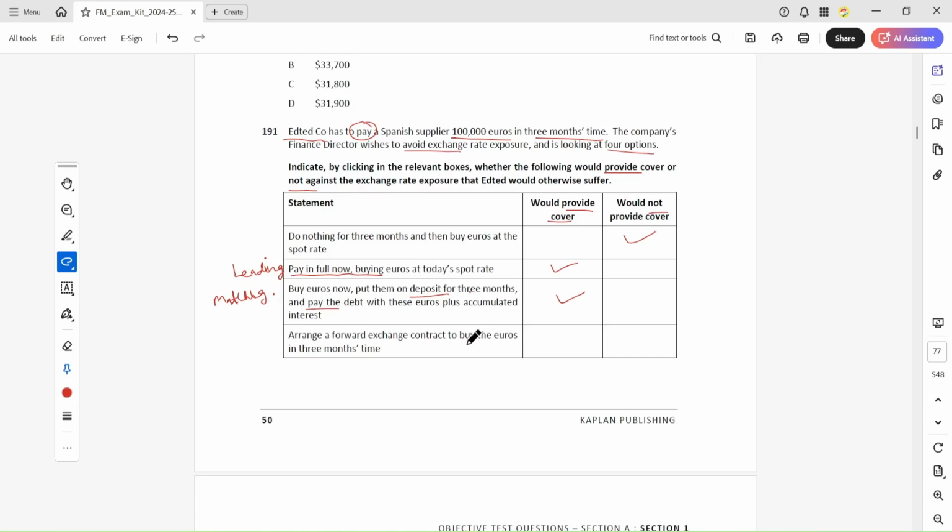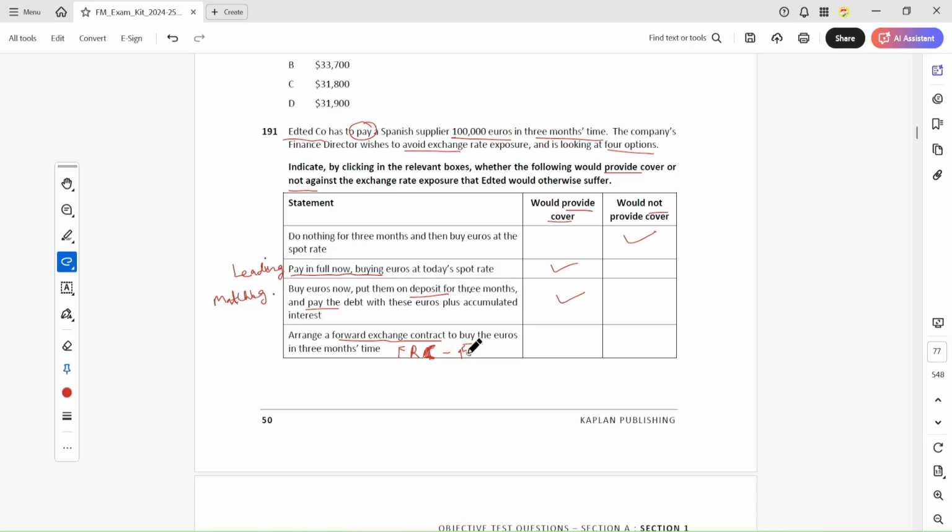Arrange a forward exchange contract to buy the euro in 3 months time. This is a forward exchange contract, sorry, not forward rate agreement.